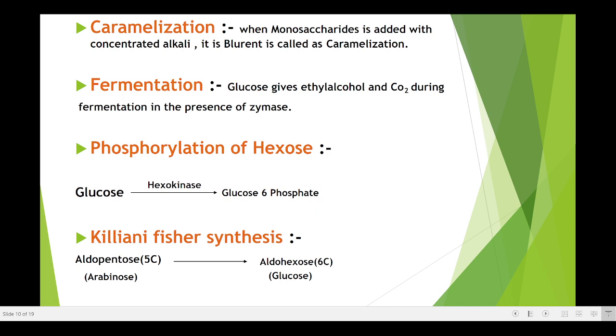Here, glucose gives glucose 6-phosphate in the presence of hexokinase enzyme. This is the pathway of glycolysis. 19th property of monosaccharide is Kiliani-Fischer synthesis. Here, aldopentoses like arabinose give aldohexoses like glucose molecules.